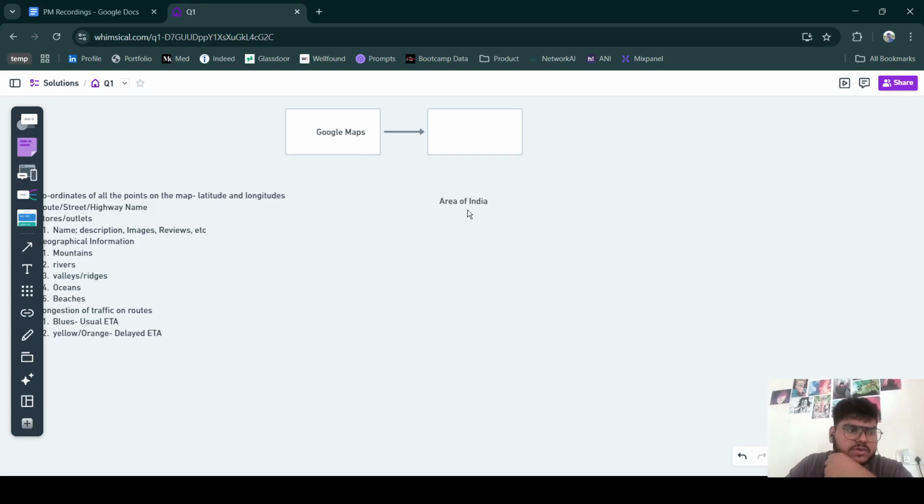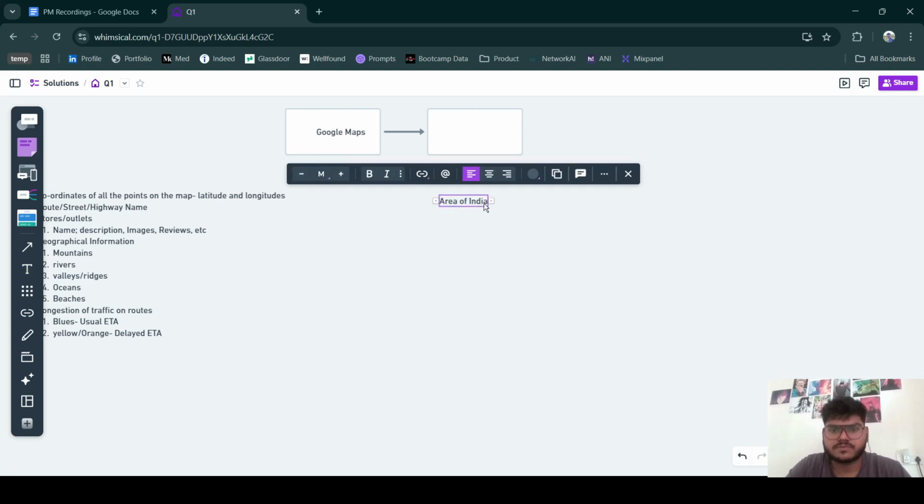I have a rough understanding of the area of Haryana, so assuming the area of Haryana to be around 200 kilometers wide and 200 kilometers, like a 200 kilometer by 200 kilometer square, which comes around to 40,000 kilometers square.